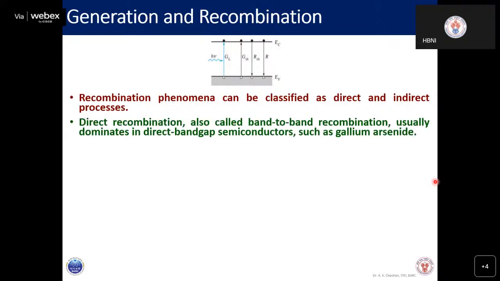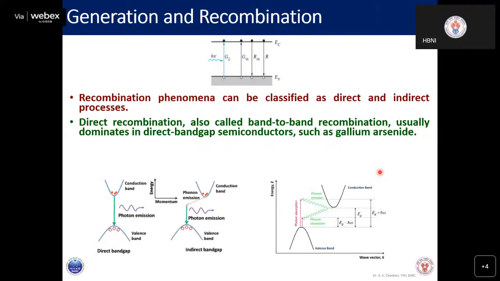Yesterday when we explained, in a direct process the transition takes place from the bottom of the valence band to the top of the conduction band, and there is no momentum change involved. So direct recombination, also called band-to-band recombination, usually dominates in direct band gap materials such as gallium arsenide.